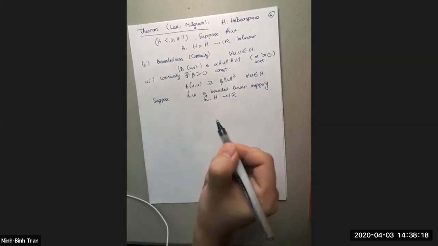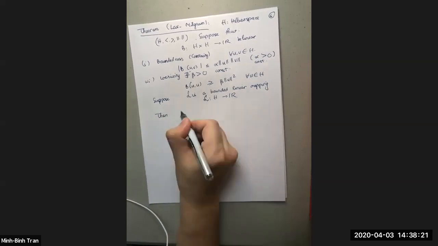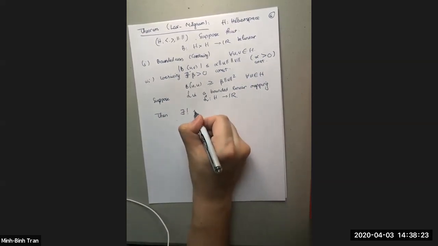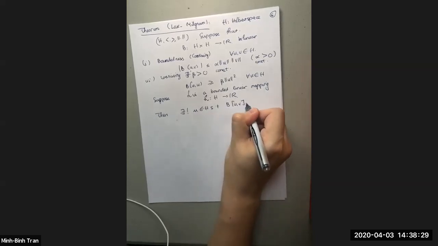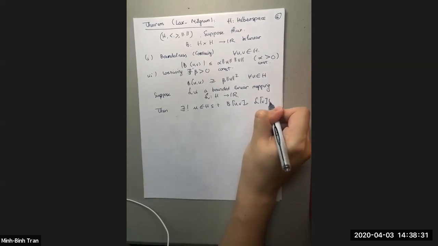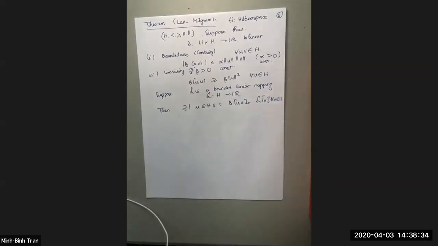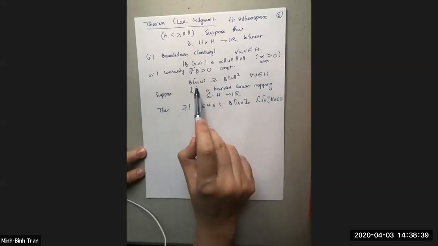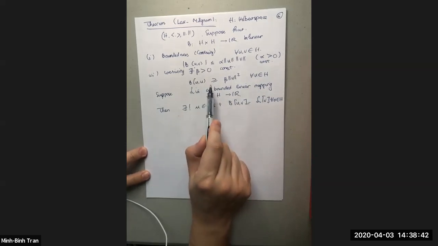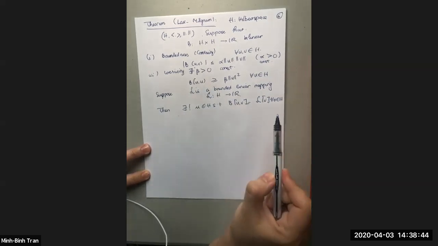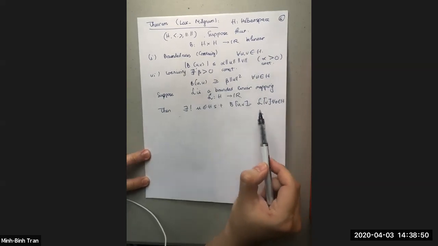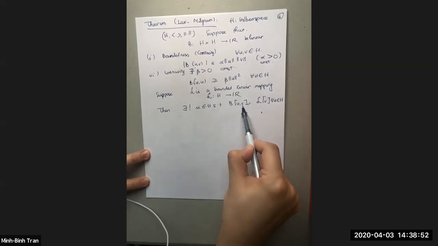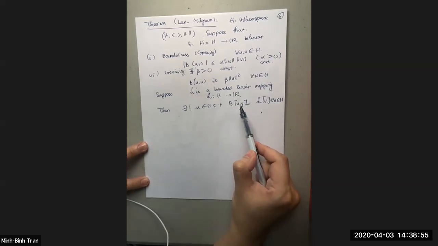So then there exists a unique U in H such that B(U,V) equals L(V) for all V in H, right? So basically this is how you solve an equation. You can write the equation in terms of a bilinear form, and the right hand side you write in terms of a linear mapping. So V in this case will be the test function, and U will be the solution that you are looking for, right?